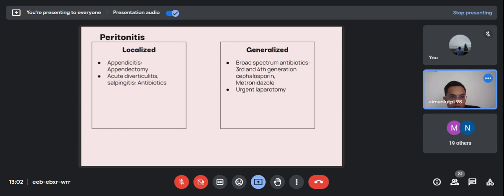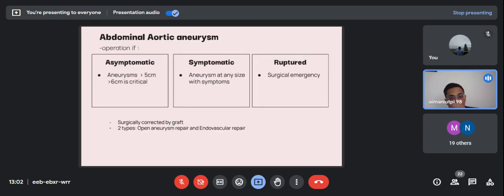The next slide, please. So next is abdominal aortic aneurysm, one of the acute abdomen in this seminar. So for the operation, abdominal aortic aneurysm can be asymptomatic, symptomatic, or rupture. For an asymptomatic, if aneurysm is more than 5 centimeter or 6 centimeter is already critical.